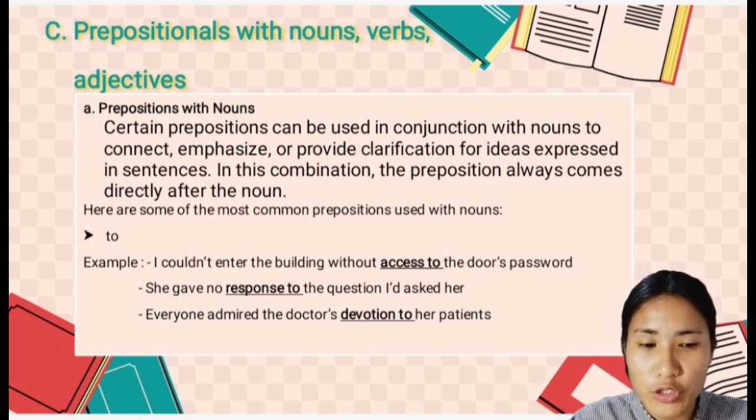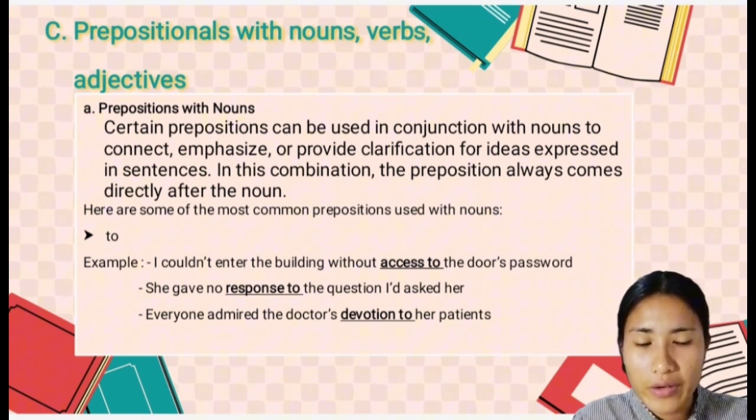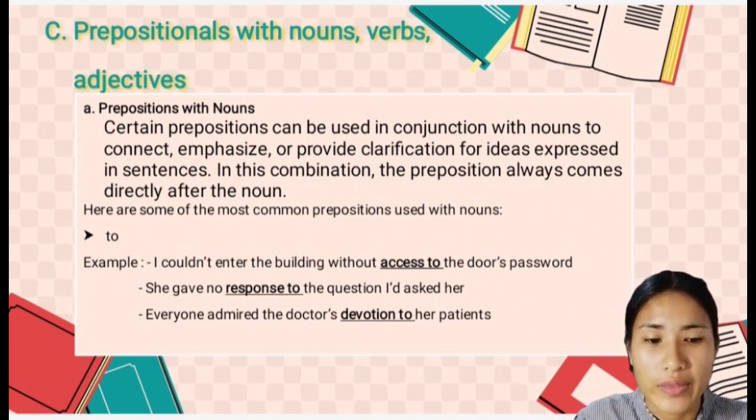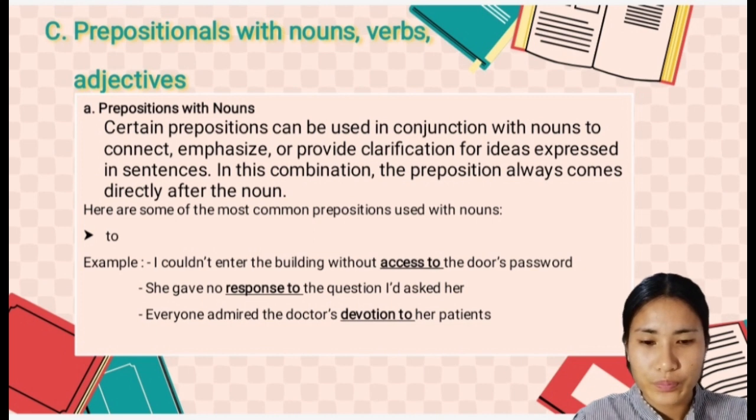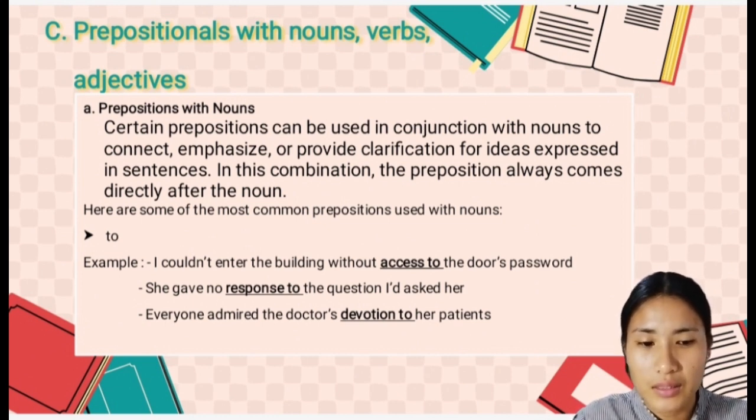Certain prepositions can be used in conjunction with nouns to connect, emphasize, or provide clarification for ideas expressed in sentences. In this combination, the preposition always comes directly after the noun.